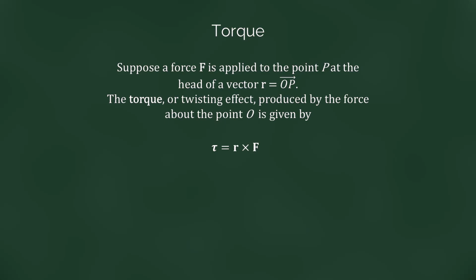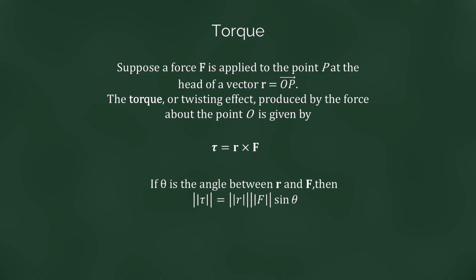That is the point where the torque is creating the twisting. So we're going to define the torque to be the cross product of the vector r times the vector F. So r, again, is the vector along which we're applying our force. So in the two examples I gave, it would be your screwdriver or it would be the door itself. And then the F is the force that you're actually applying.